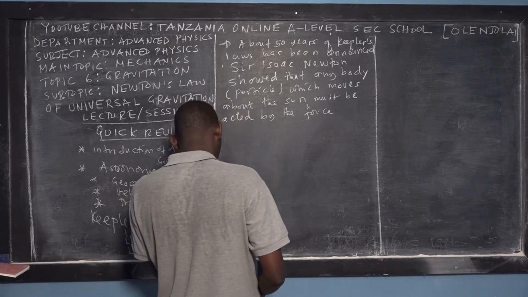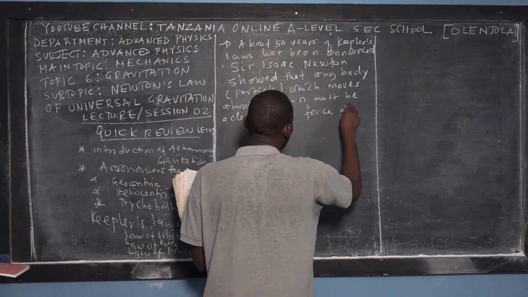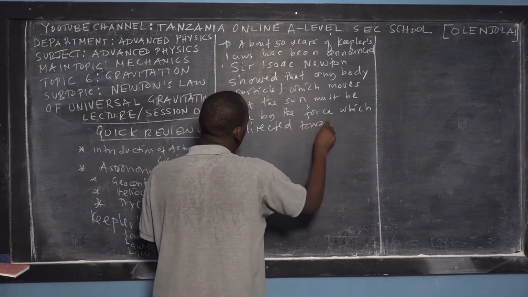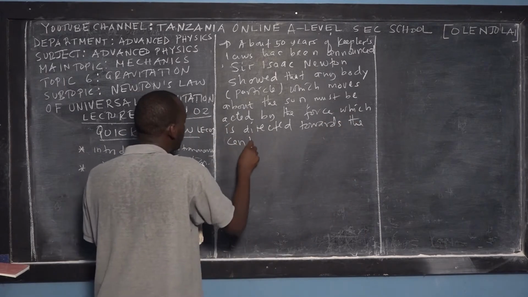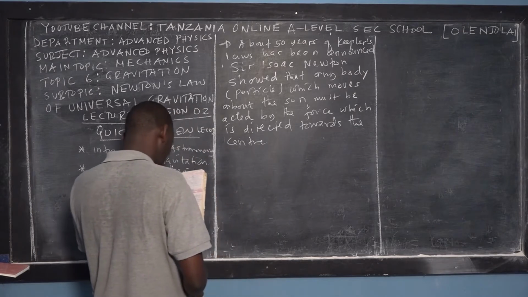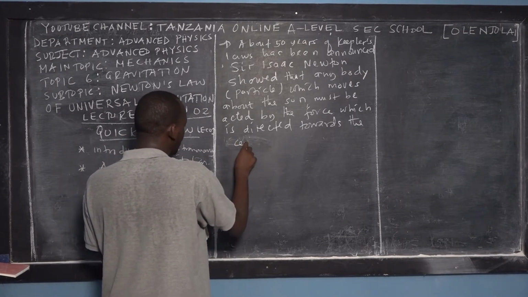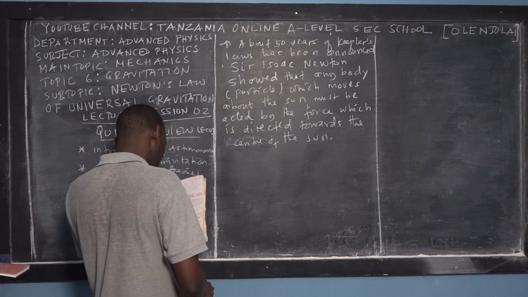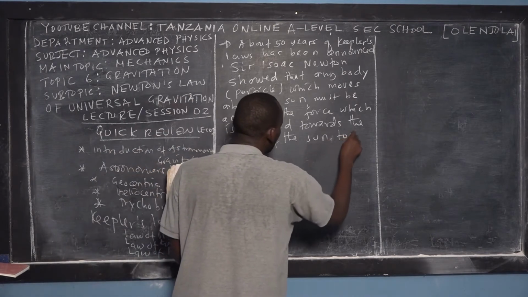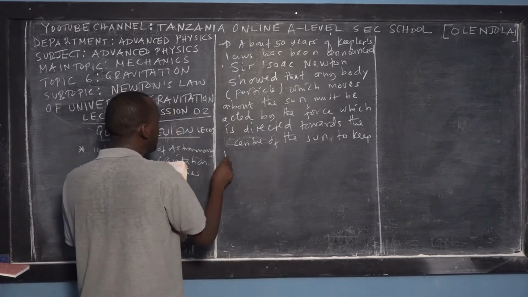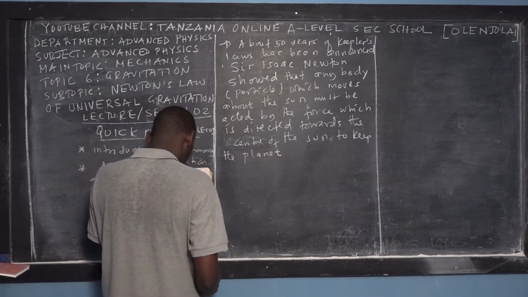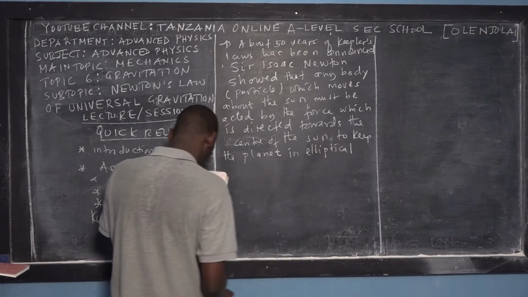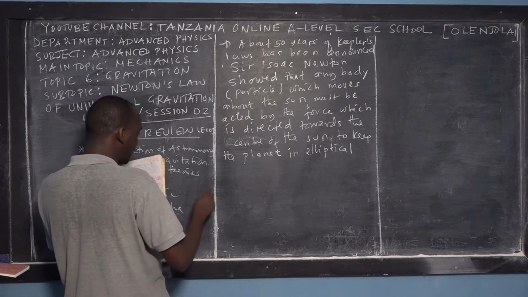And this force, this is Newton's observation, is directed towards the center, directed toward the center of the sun, to keep the planets in elliptical or circular motion. That is the objective of this force, to keep the planet in elliptical or circular motion.